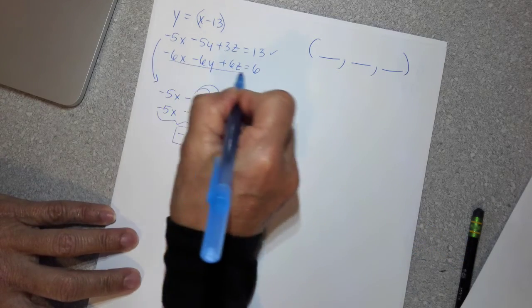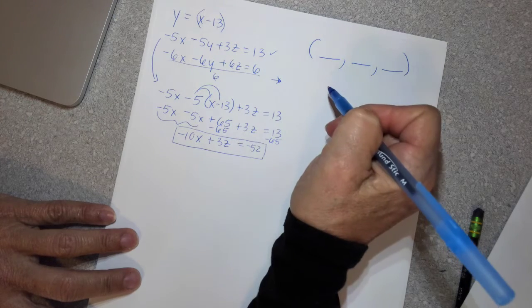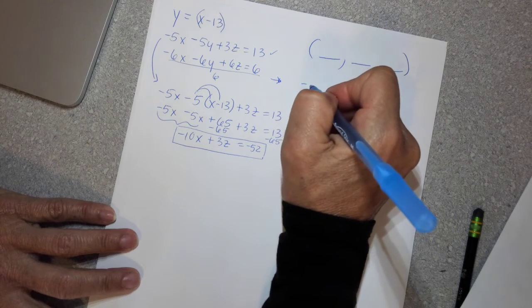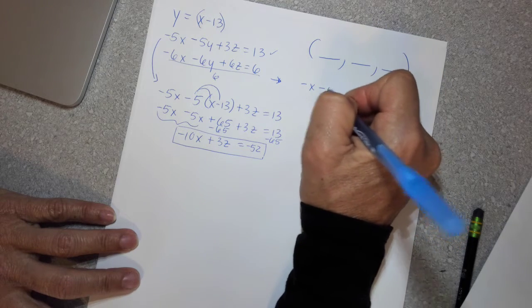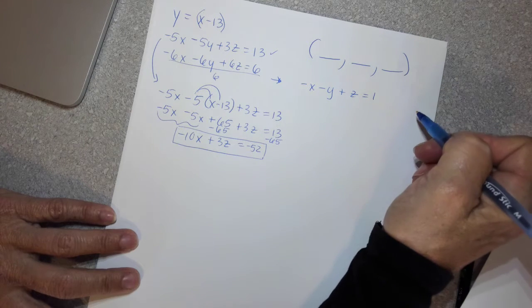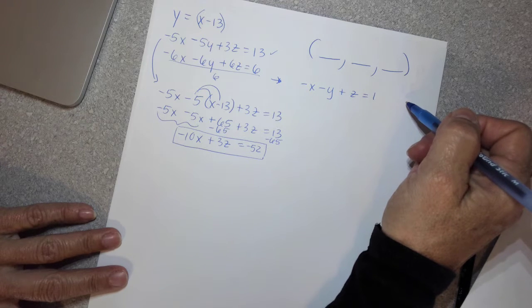So if I divided every single piece of this by 6, you don't have to do this, it's just something I'm seeing that's going to make that last one easier to work with. It would just be a negative 1x, a negative 1y, a positive 1z equals 1.